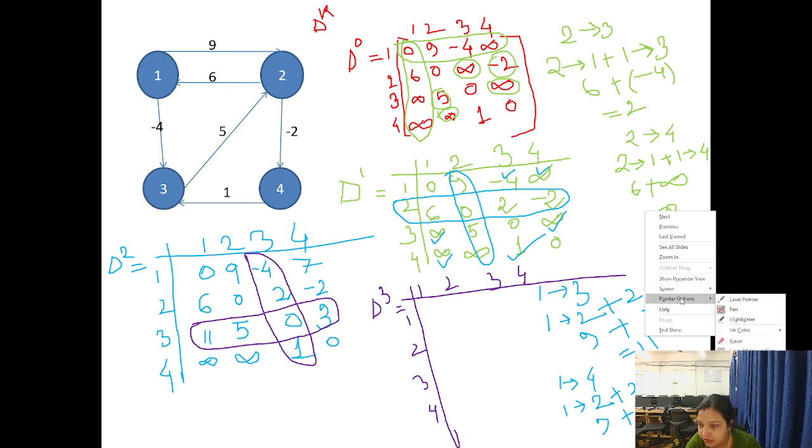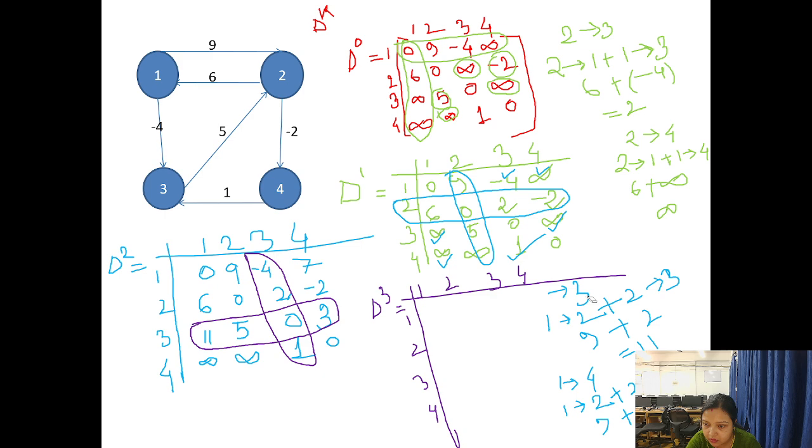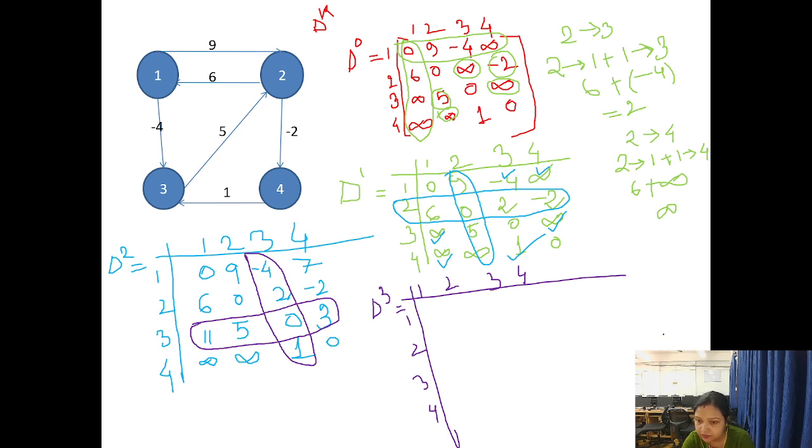Let me erase this portion. Okay, fine. So I will write it as it is, -4, 2, 0, 1, 11, 5, 3.